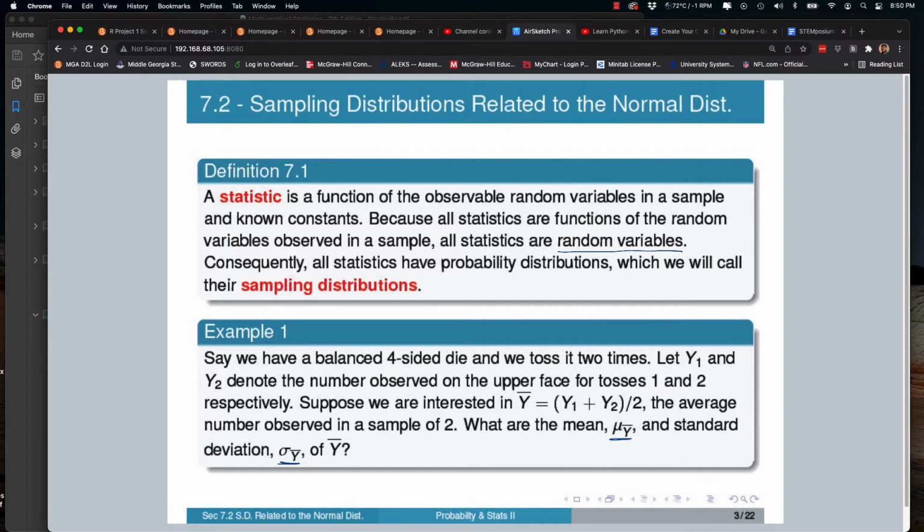And suppose we're interested in y bar, which equals y sub 1 plus y sub 2 divided by 2, the average number observed in the sample of 2. So basically we want to find the mean of the sample means and the standard deviation of y bar, or the standard deviation of the sample means, if you will.